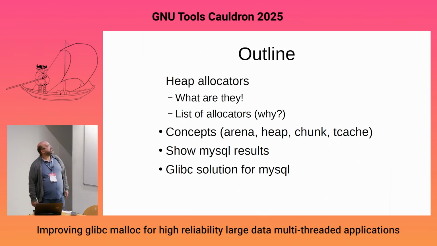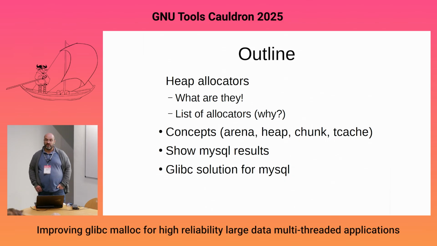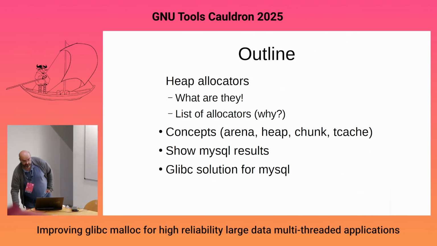And then eventually I'll show the results that we obtained in MySQL before and after, and what I was actually able to do in order to mitigate those problems or the inefficiencies.